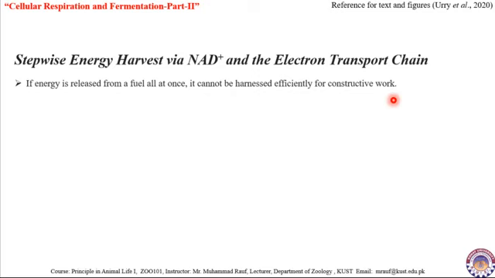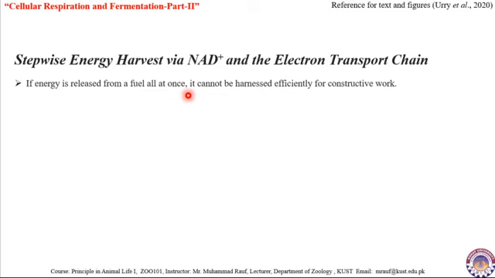Why does this glucose molecule not deliver all its stored energy in just a single chemical reaction? The reason is that if all the energy is released from a fuel all at once, then a major portion of this energy will be wasted as heat, and therefore it will not perform any work.